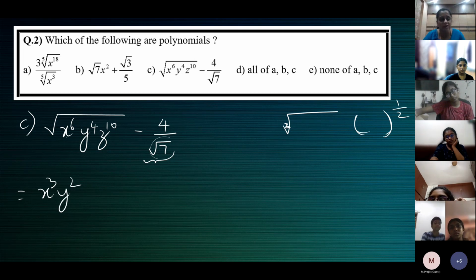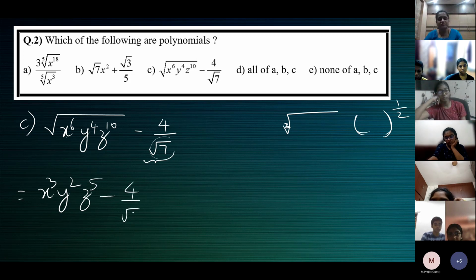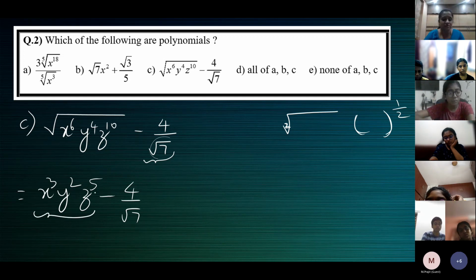And there are 10 z's, z multiplied with itself 10 times, so it will be z to the power 5 outside the square root. Minus 4 by root 7. So when you check the variables and their powers, all the powers are whole numbers, and so the expression in C is a polynomial.